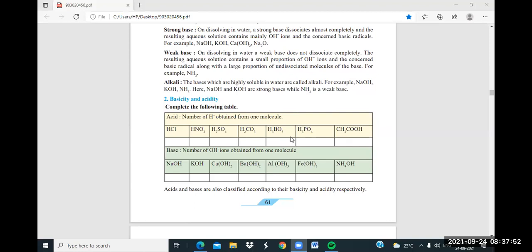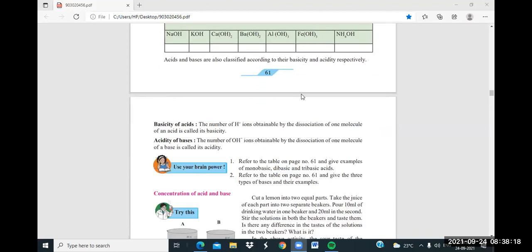In H2SO4 you will get 2, in H2CO3 you will get 2, H3PO4 you will get 3. For NaOH, OH minus is 1 in sodium hydroxide, KOH gives just 1 OH minus ion, then Ca(OH)2 gives 2 OH minus ions. Like this you can complete this acidity and basicity chart.